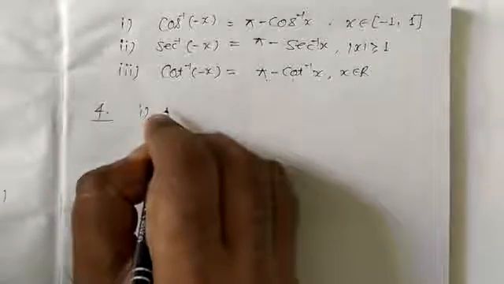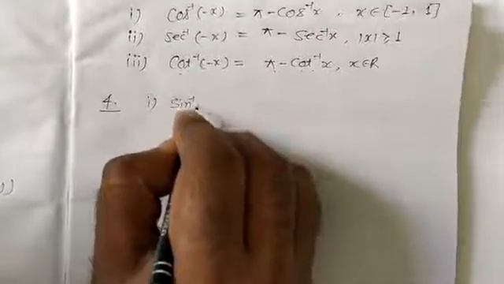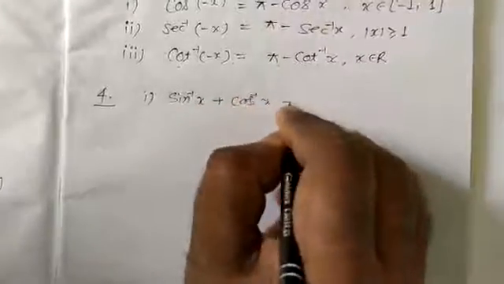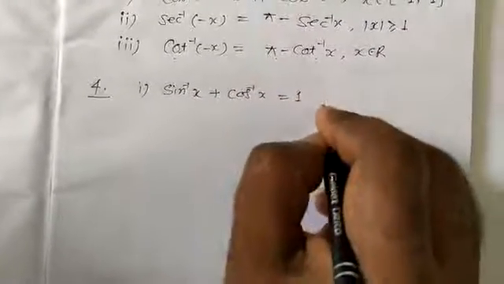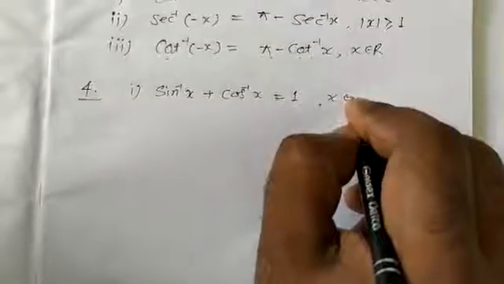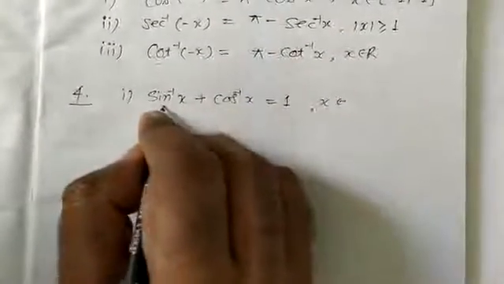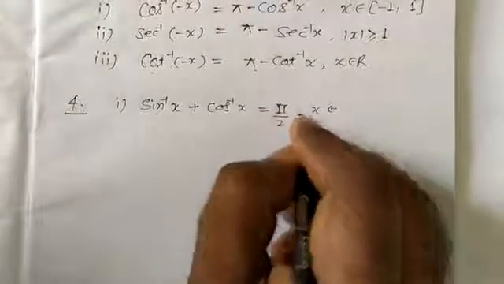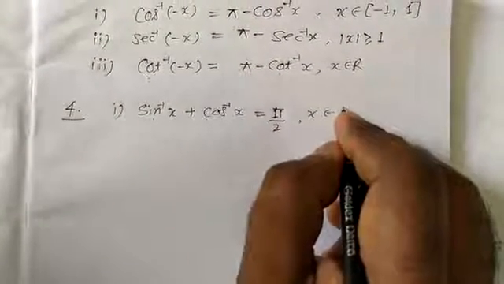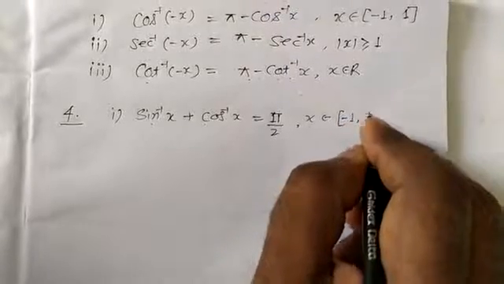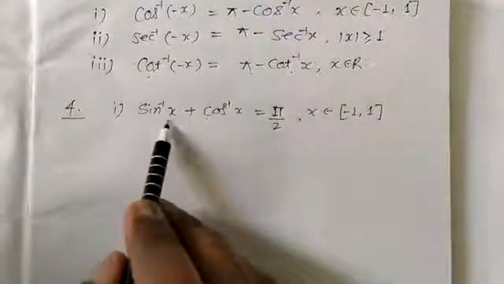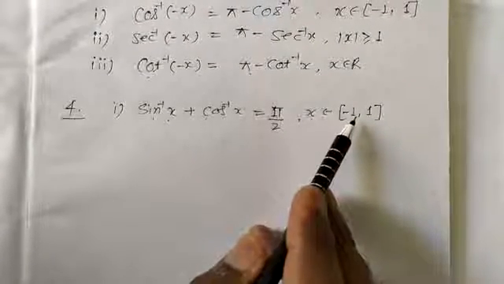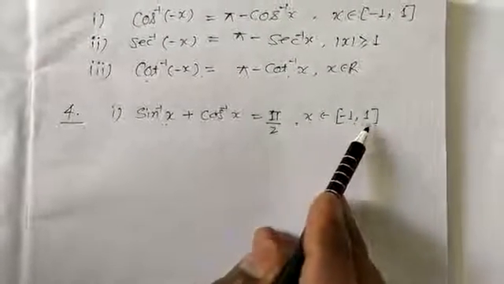Sin inverse x plus cos inverse x is equal to pi by 2, where x belongs to the closed interval minus 1 to 1.